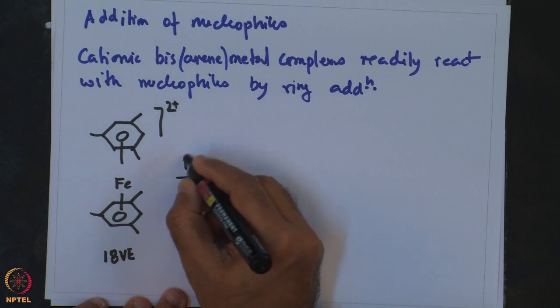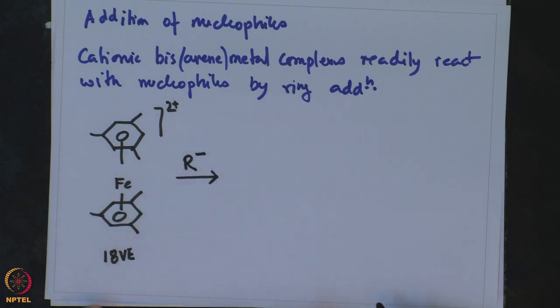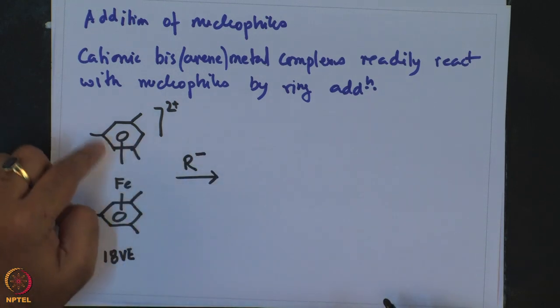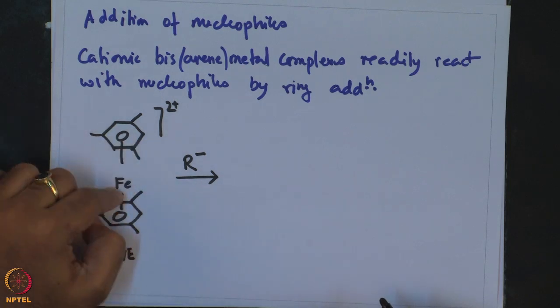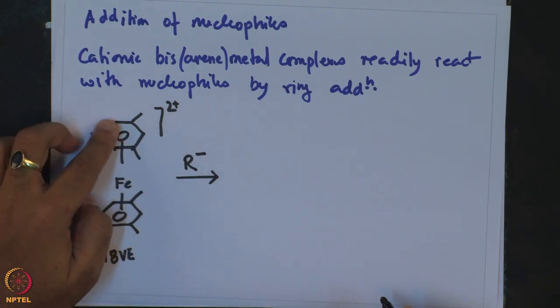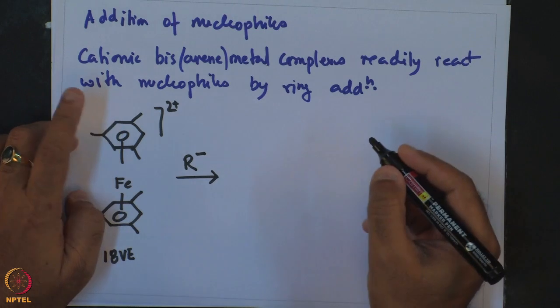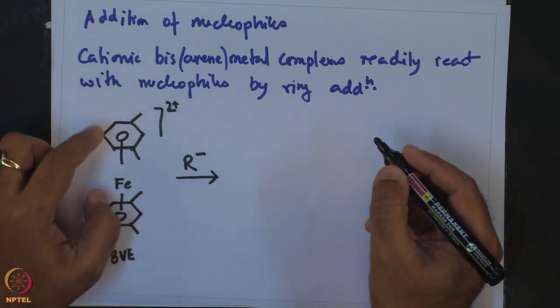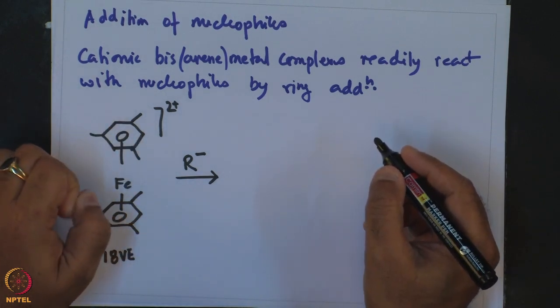that when it reacts with a nucleophile like R minus, the nucleophile does not attack the metal center, but instead attacks the ring, and the ring loses its aromaticity.